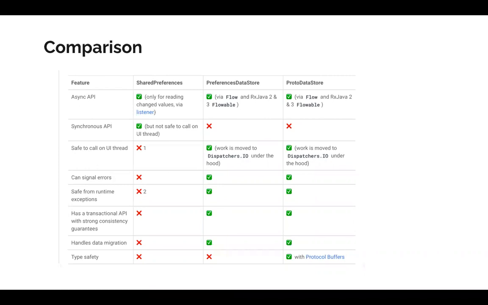It can run the IO operations, the writing and the reading, on the main thread, the UI thread, which could result in Android not responding issues and make your UI janky. For Preference and Proto DataStore, they do not have a synchronous API. They are safe to call on the UI thread because the operations are moved to Dispatchers.IO under the hood, so they're not running on the UI thread.